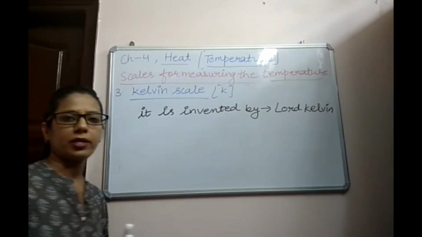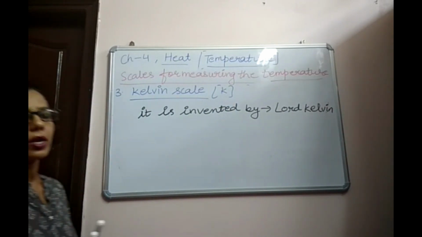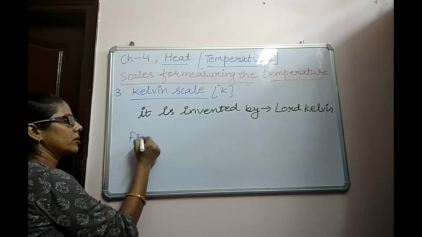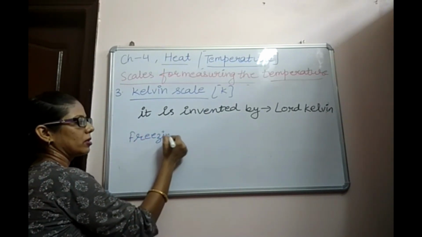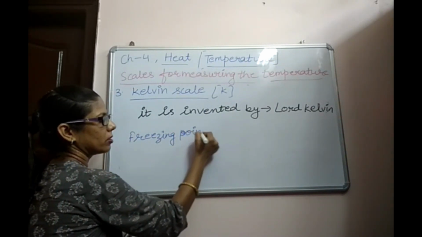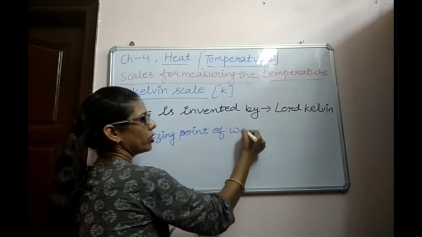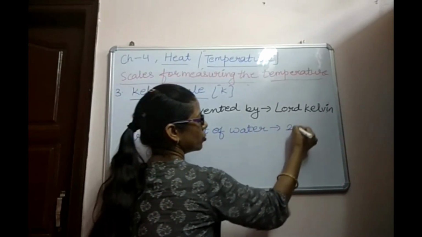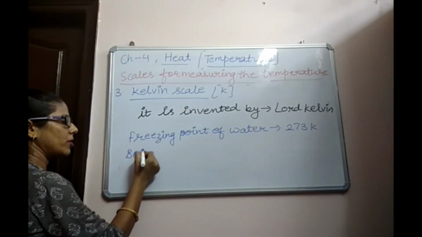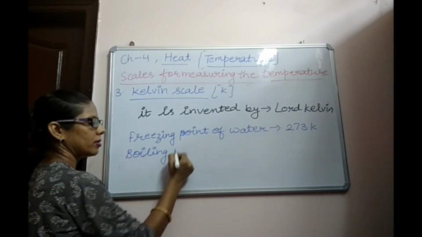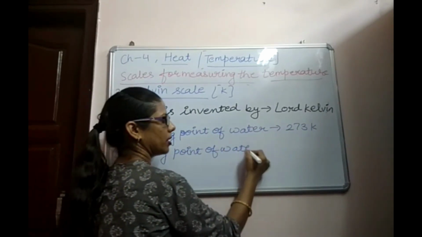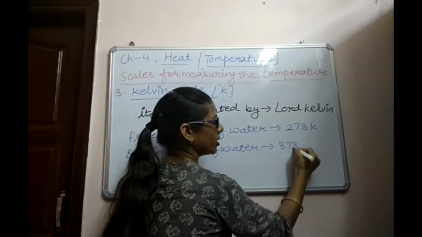On the Kelvin scale, the freezing point of water is 273 Kelvin, and the boiling point of water is 373 Kelvin.